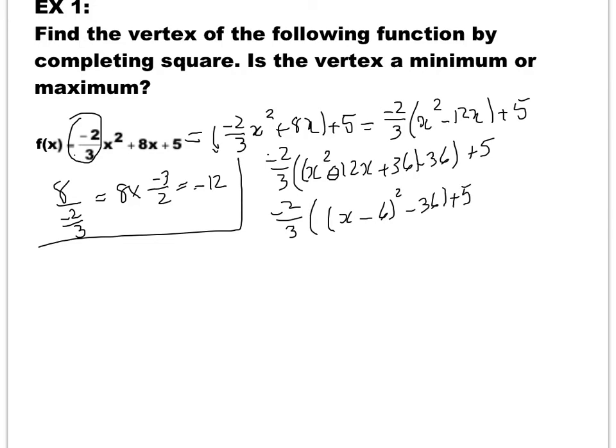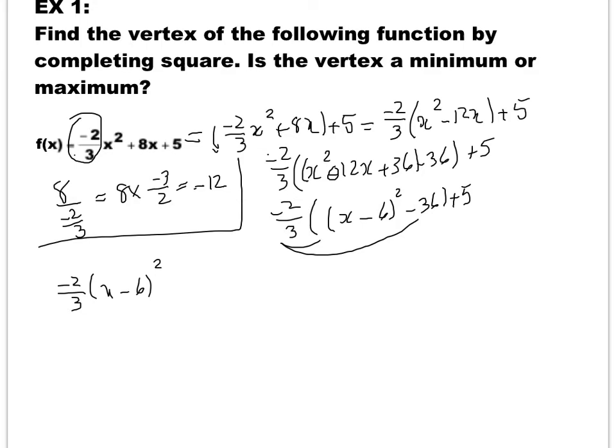Again, just to check, x minus 6 squared is x squared plus 36 minus 12x, which is what we had before. Now I'm going to distribute negative 2 over 3 inside the bracket. I get negative 2 over 3 times x minus 6 squared.